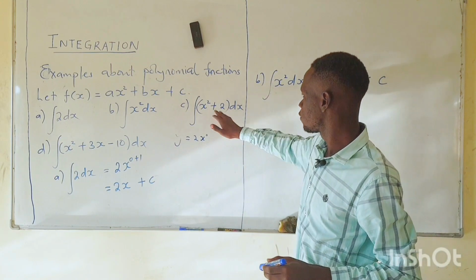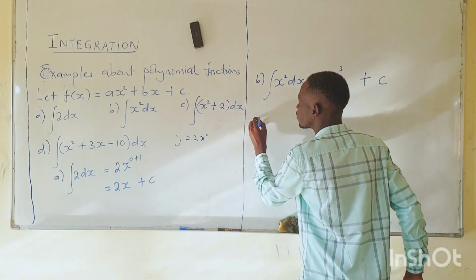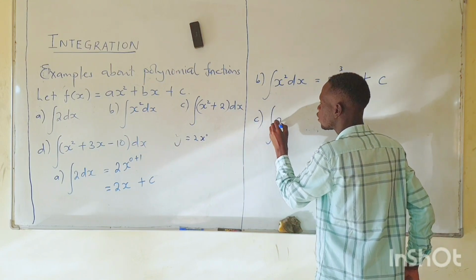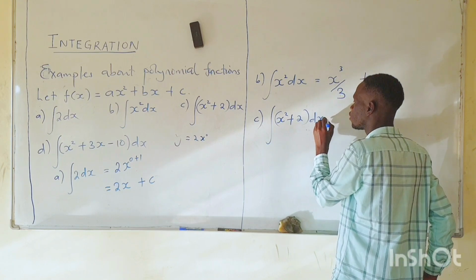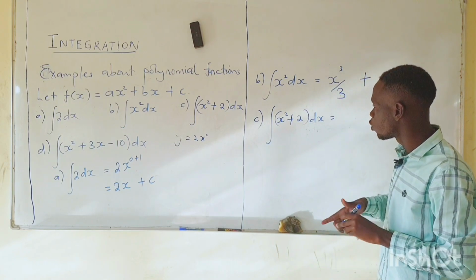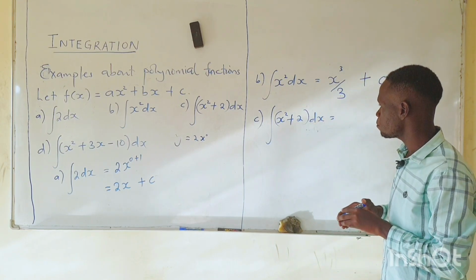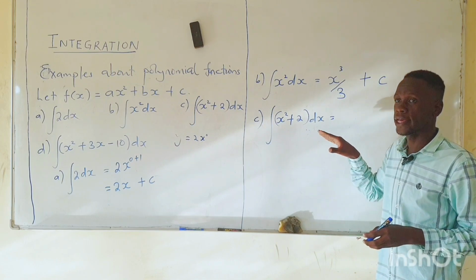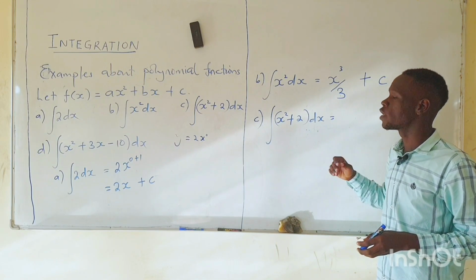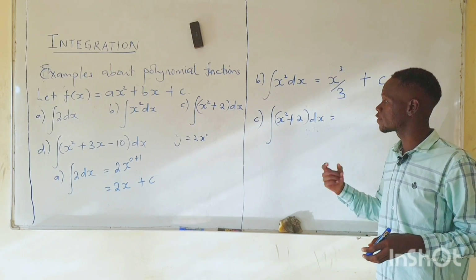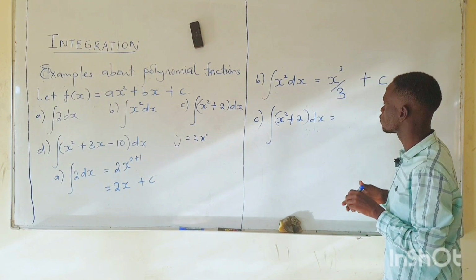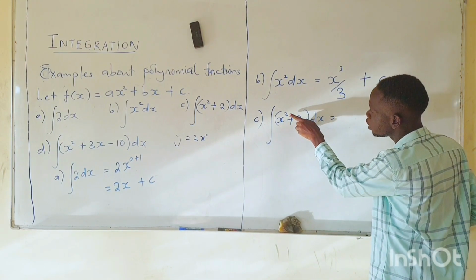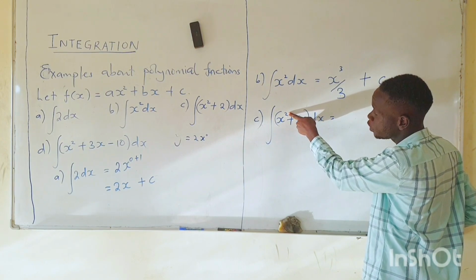Then we have this example. This is example C. If you are integrating x squared plus 2 dx, this whole function has a variable x. In short, we are integrating it with respect to x. For this, we already obtained it here, but for purposes of consistency, our initial power was 2.